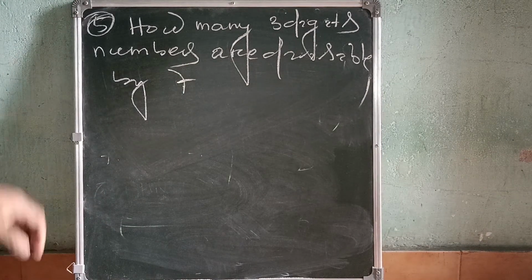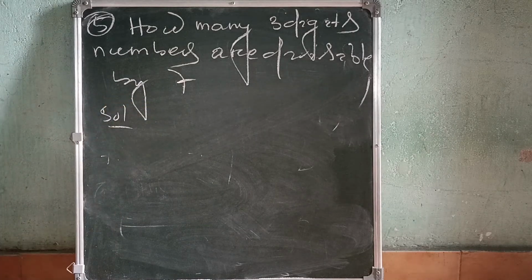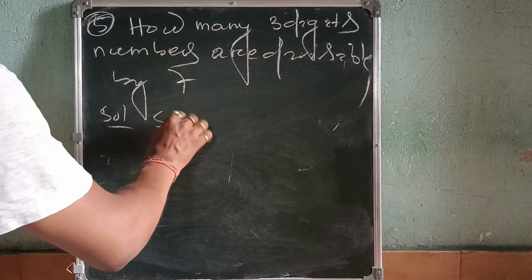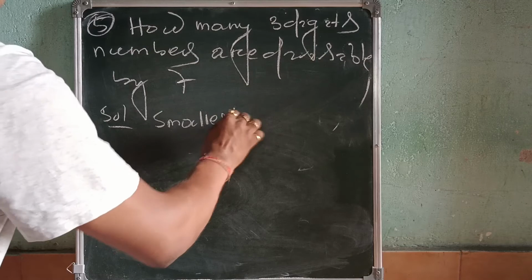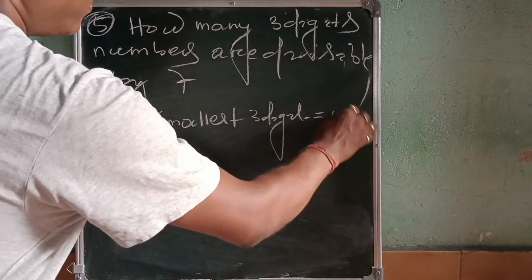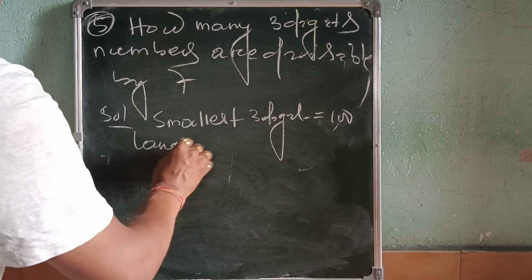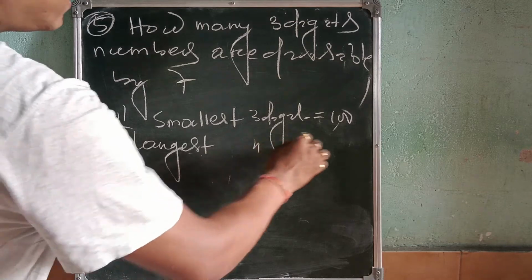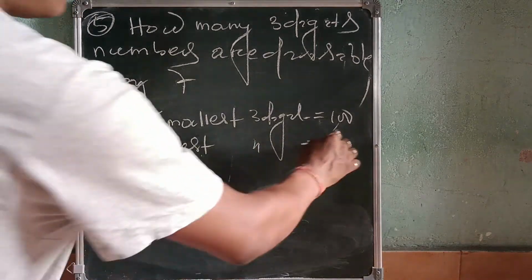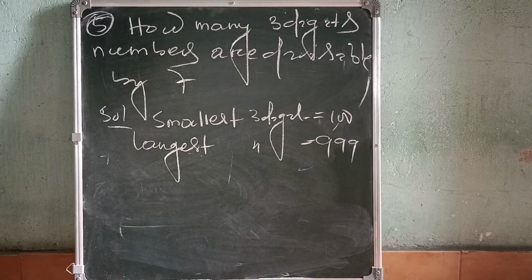You see, the trick is what? Solution. You know the smallest 3-digit number is 100, and the largest 3-digit number is 999.